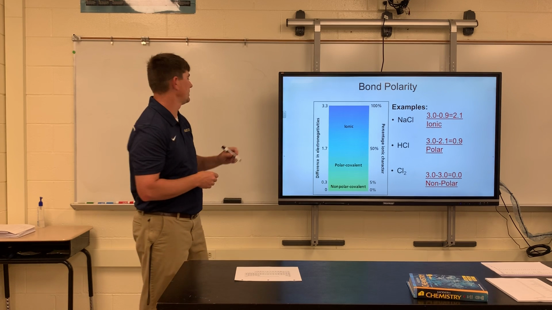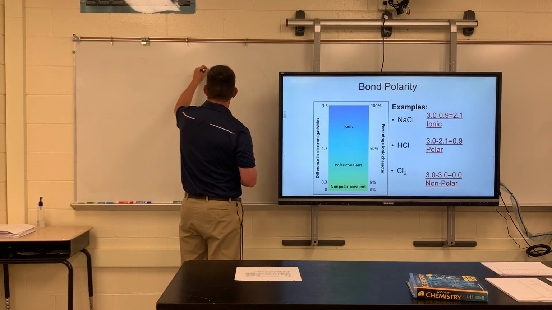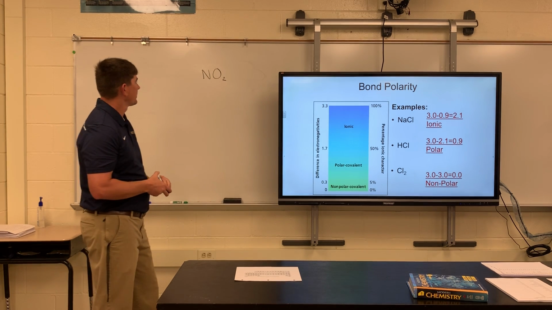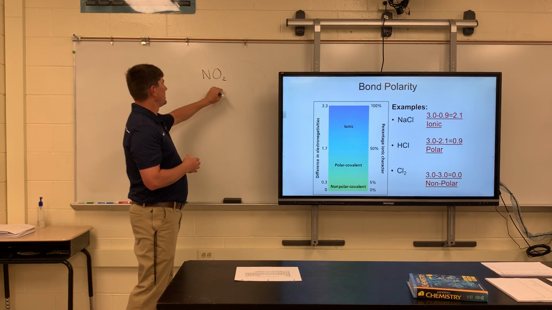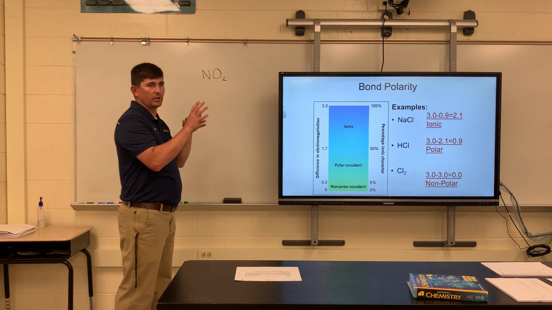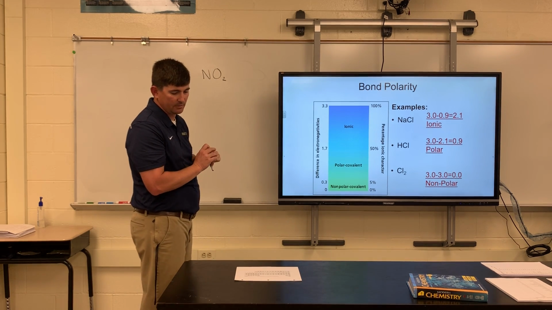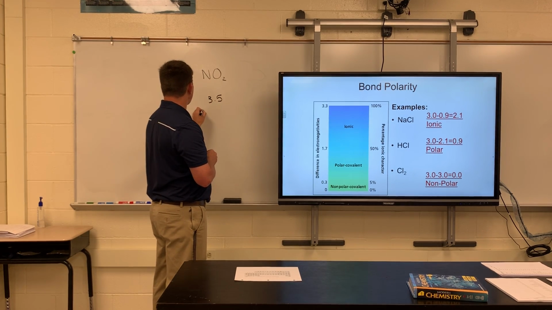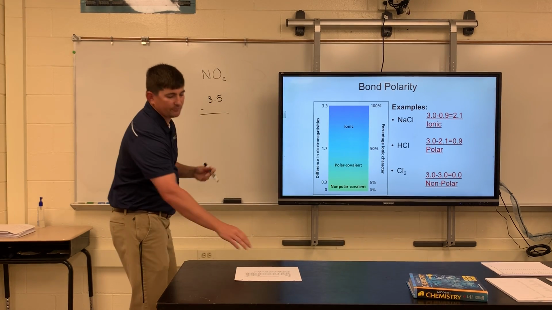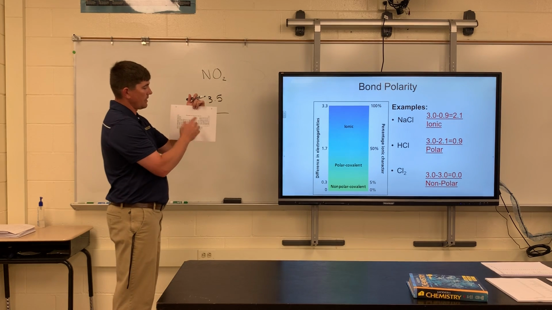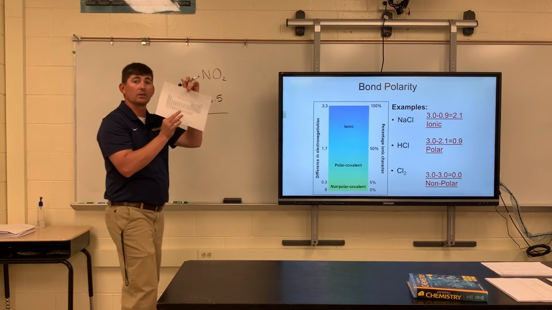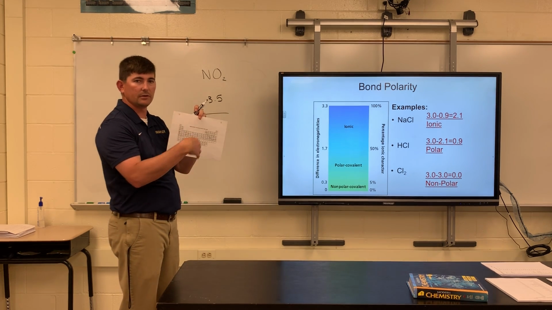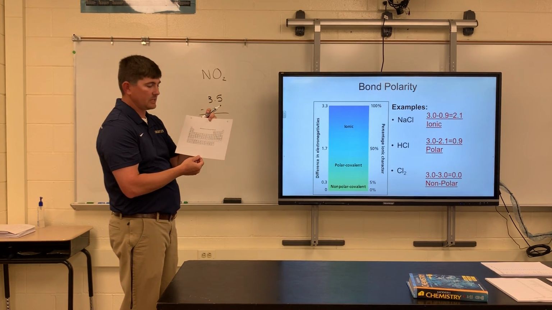How about this? We look at NO2, nitrogen dioxide. We don't really have to worry about the 2 there, just the electronegativities of the elements. Oxygen once again is 3.5, and then nitrogen, if you look on here, I know you can't read this, but I'm just reminding you where to get this: page 161 of your textbook, or the sheets I've sent out to you on Google Classroom.